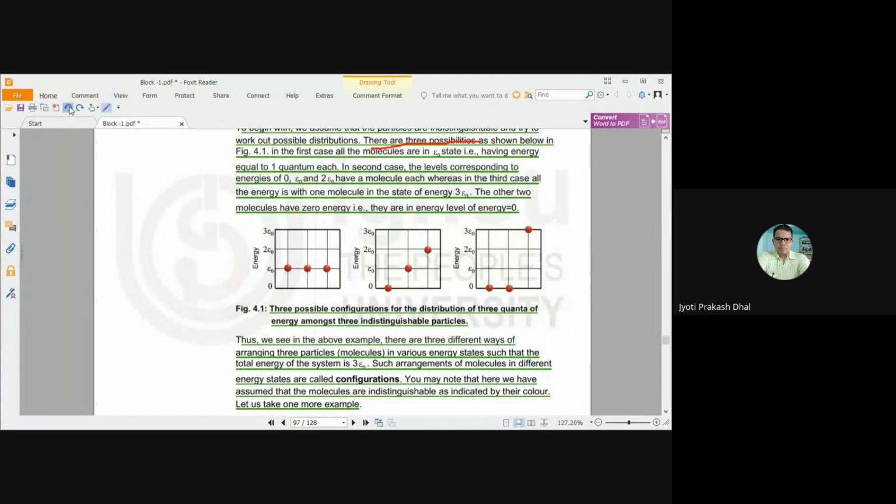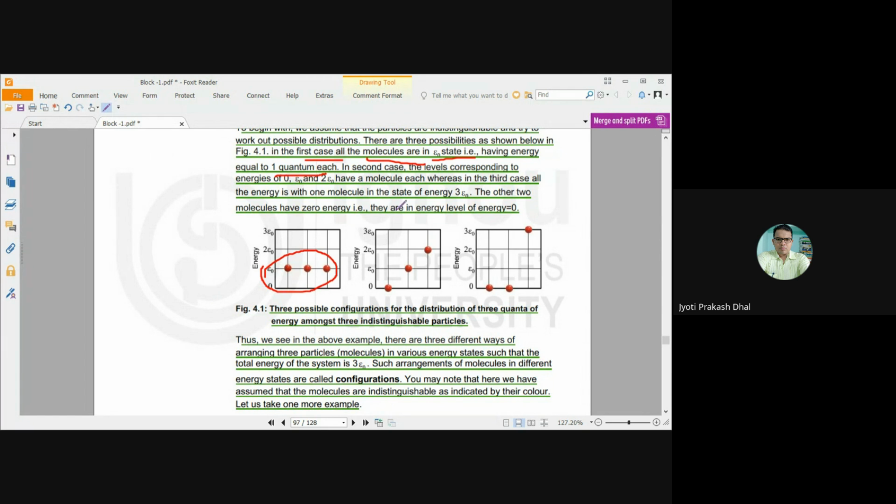But the overall energy should be 3 epsilon 0, that is 3 quanta. In the first case, all the molecules are in the epsilon 0 state, having energy equal to 1 quantum each, and hence the total energy becomes 3 quanta.